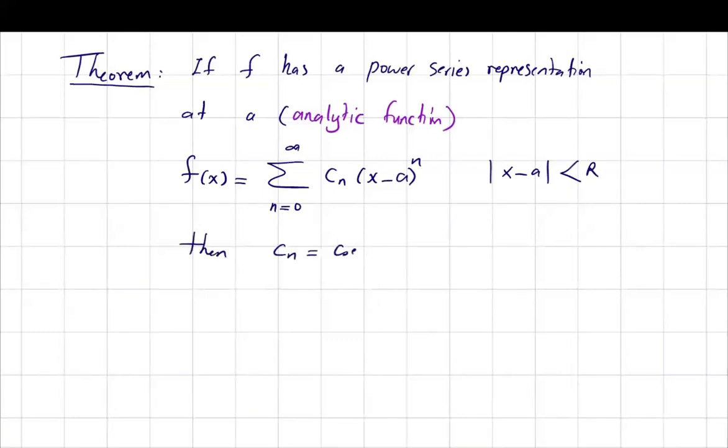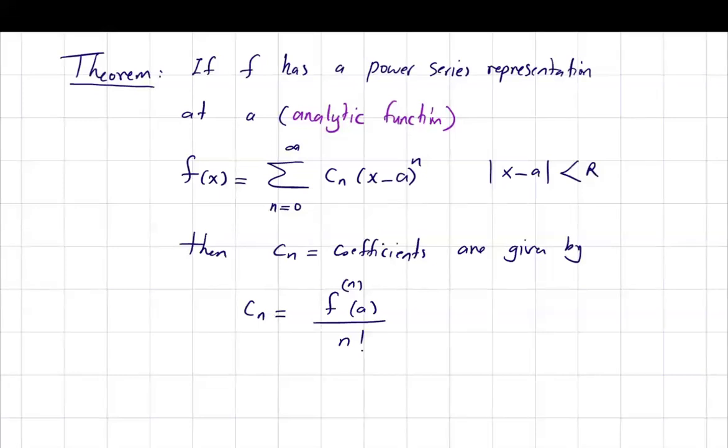Cn, or the coefficients, are given by Cn is equal to the nth derivative of f at a divided by n factorial.